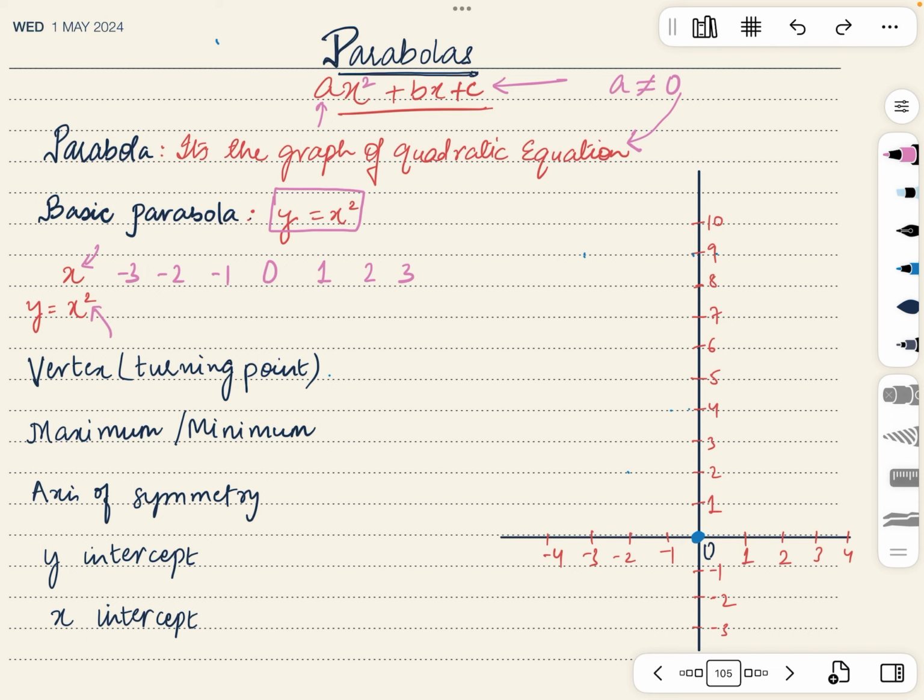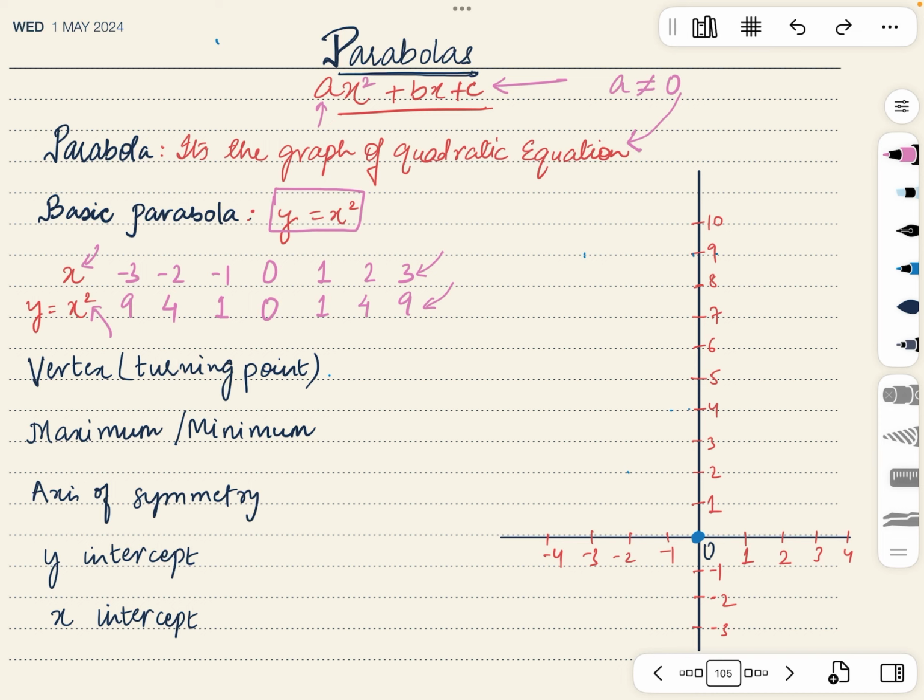We know that 0² is 0, 1² is 1, 2² is 4, 3² is 9, (-1)² is still 1, (-2)² is still 4, and (-3)² is still 9. So we can very well see that the range is always positive, given any domain, be it positive or negative.